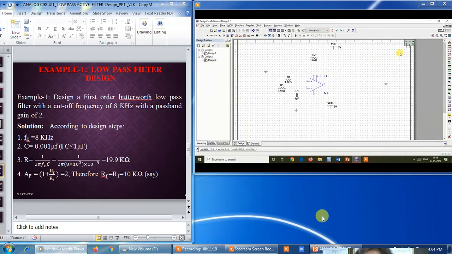Now select the function generator and drag it and select the oscilloscope also. To obtain the output result we can choose the oscilloscope, and this is the Bode plot. So using the Bode plot you will obtain the frequency response curve.